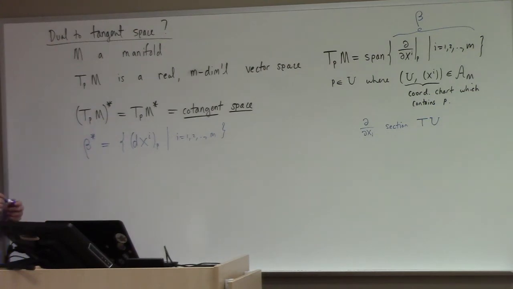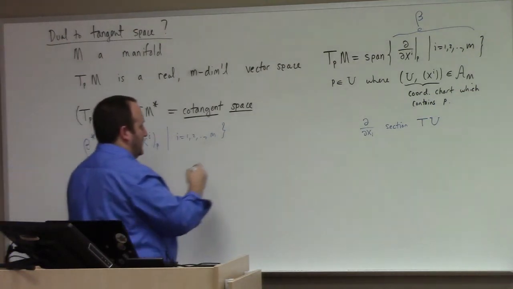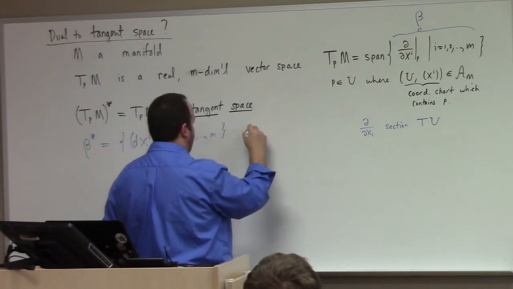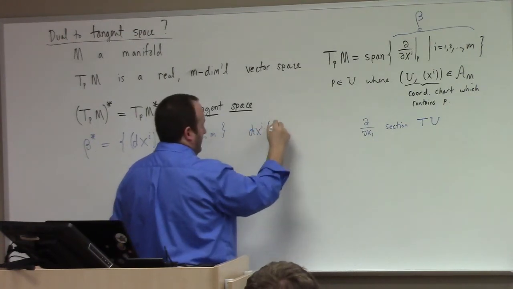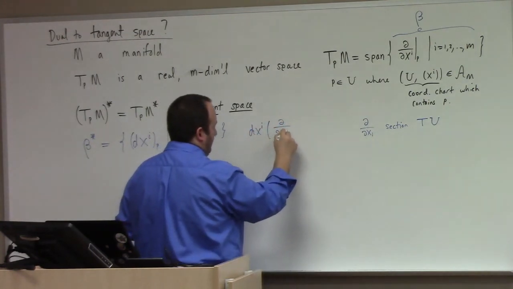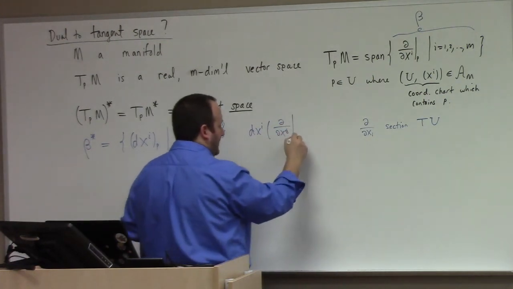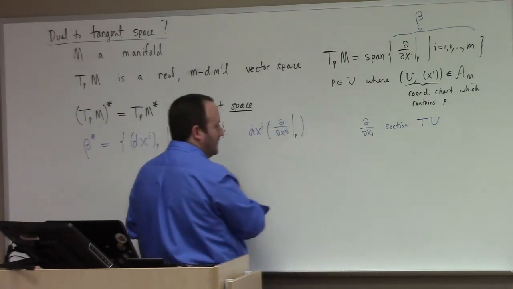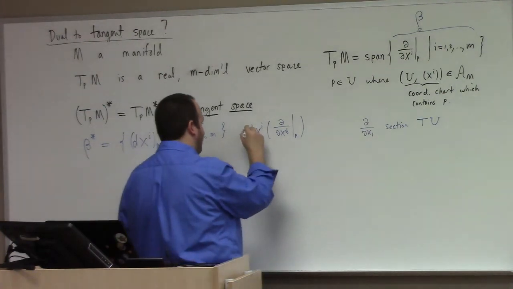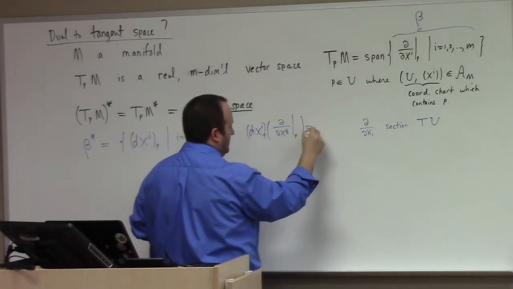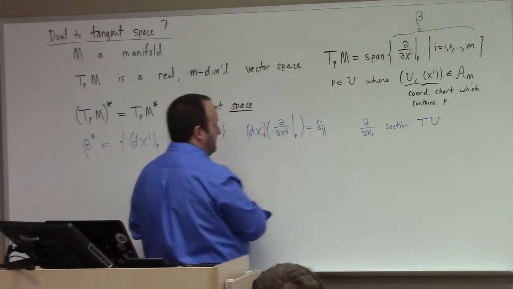And by definition, we have dx^i applied to partial x^j at the point P is equal to the Kronecker delta ij.